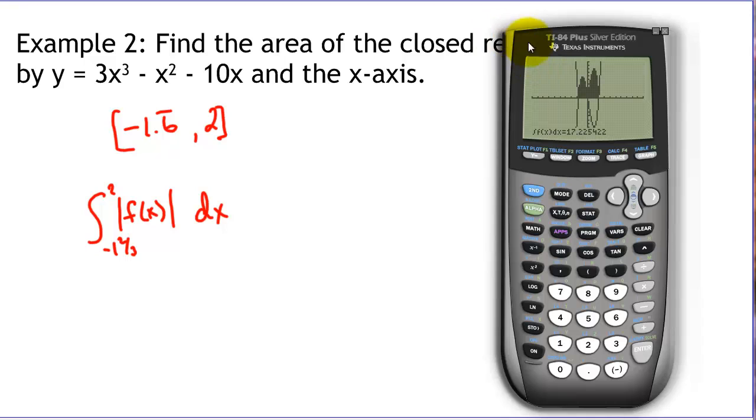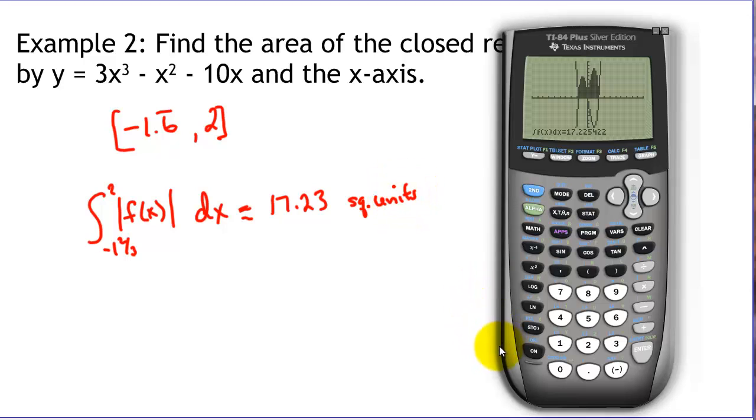Now we'll know that we had the right function here because it's not shading any of the area below that we had down here in our original function. And we get an area of approximately, if I round it here to say 2 decimal places, 17.23. So that's our area. It would be square units.